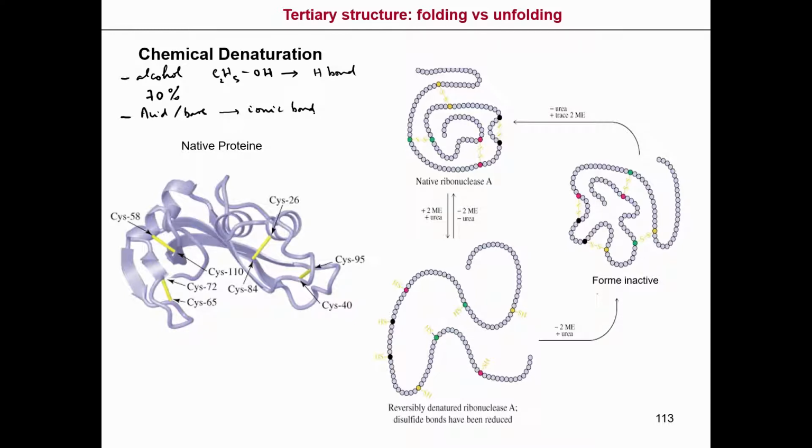An example is in your stomach, where the pH is very low, around 1.